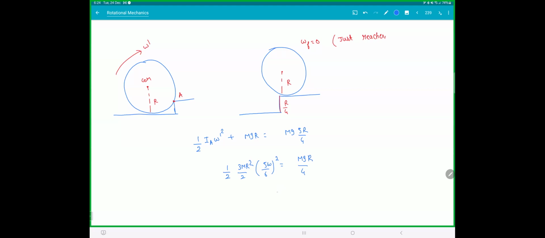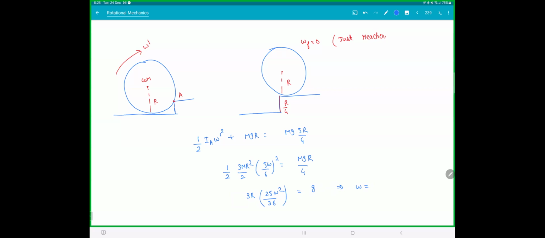M will cancel. 4 will cancel. How much is this? 3R, 25 omega square by 36. Here, g, m, R and 4 are gone.